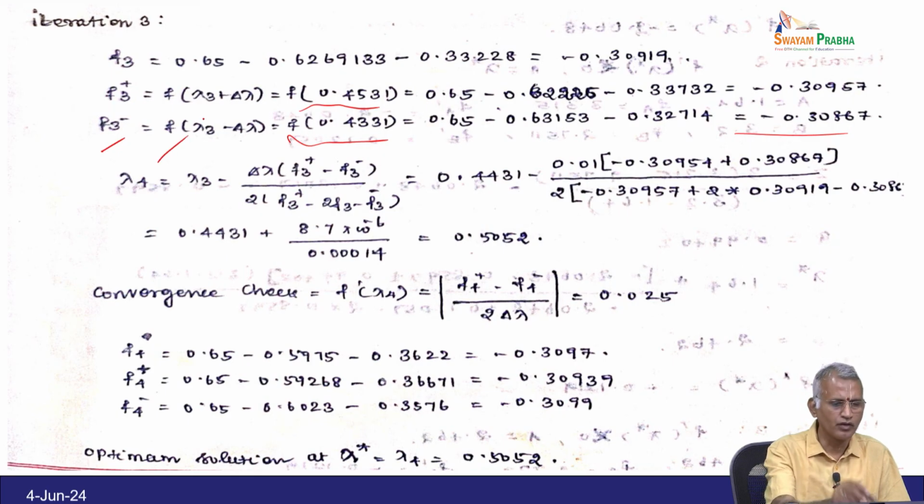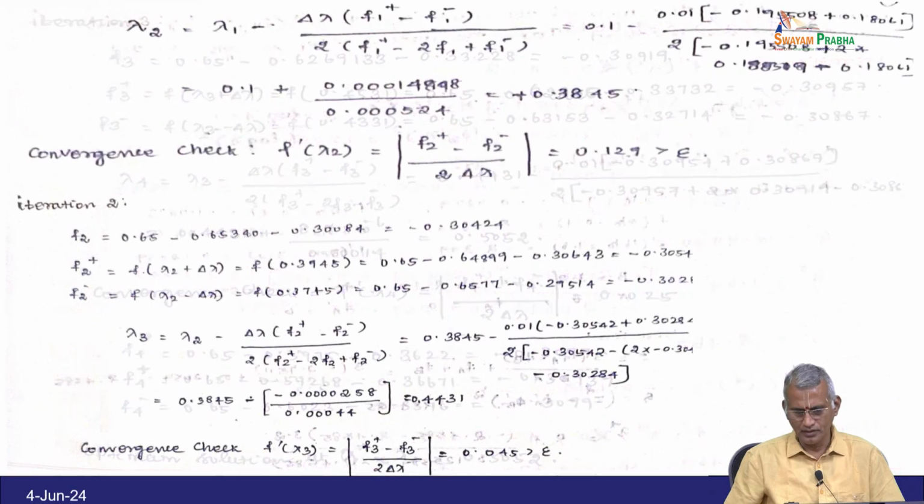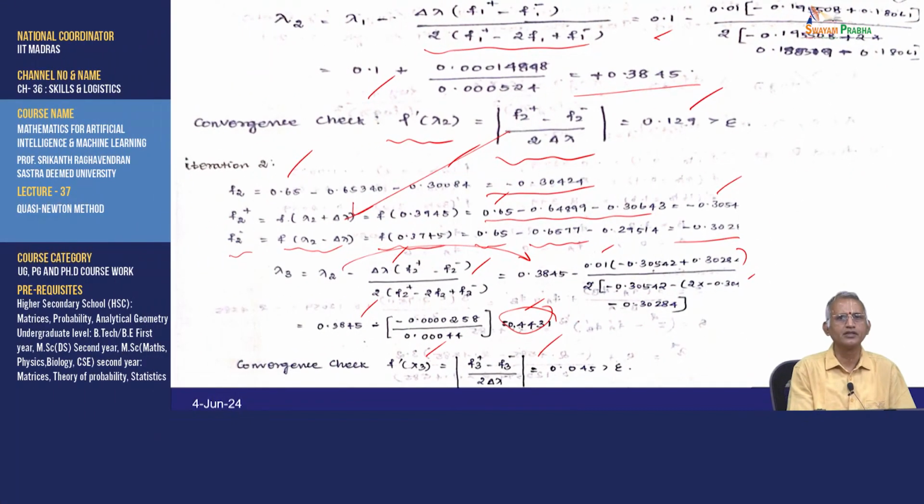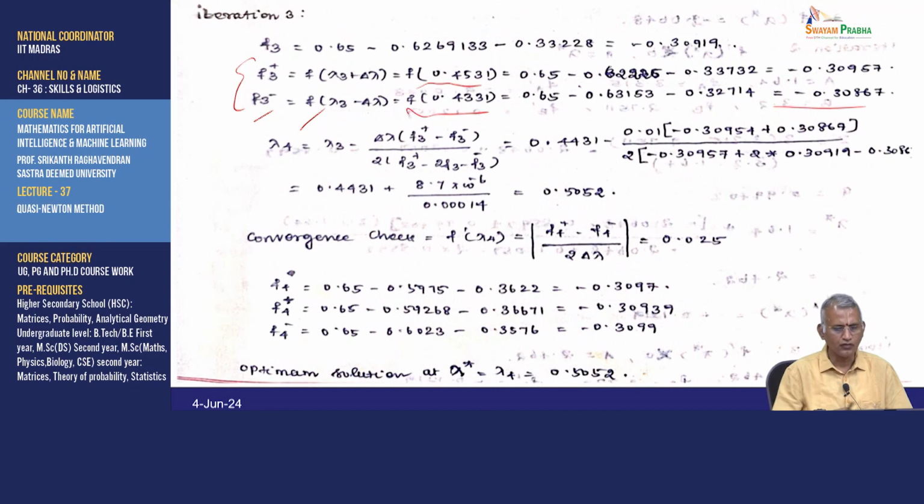Therefore, lambda 4 equal to lambda 3 minus delta lambda into F3 dash divided by 2 F3 plus minus 2 F3 minus, and already we found F3 plus, F3 minus. Substitute here and the net value is 0.445 which is greater than epsilon, not nearing 0. Therefore, further proceed.